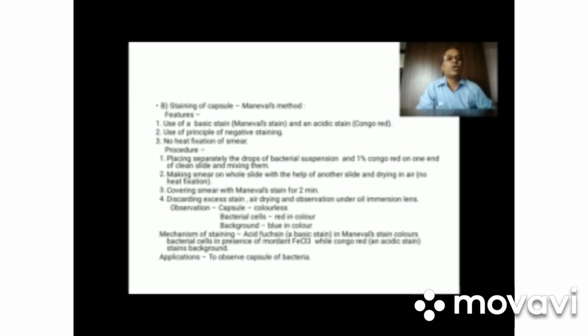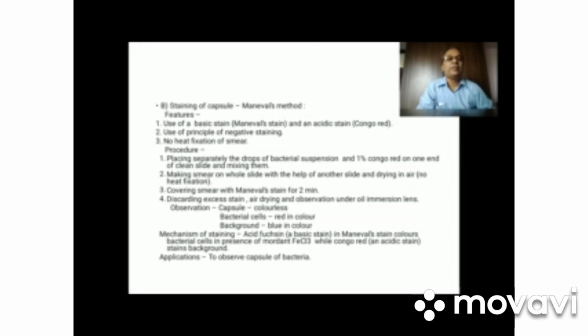We will see the procedure that is followed for capsule staining. The procedure is a bit different. In the rest of the staining procedures that we have discussed so far, the smear is prepared within a marked area on the slide. But in this staining procedure, like negative staining, the smear is prepared on the complete slide surface.